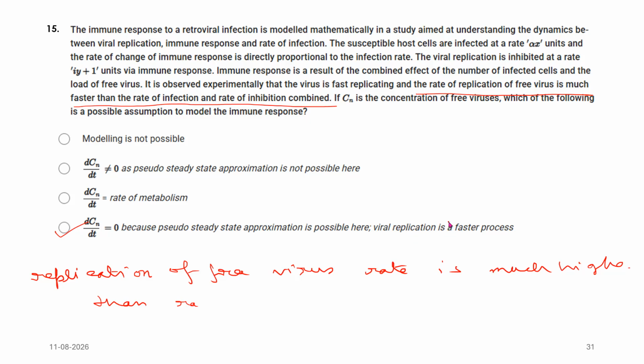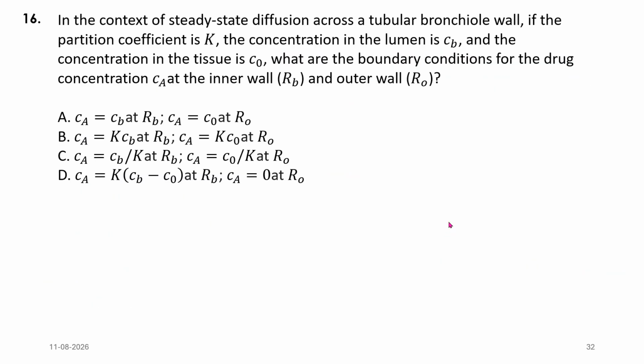Next, in the context of steady state diffusion across a tubular bronchial wall, if the partition coefficient is K, the concentration in the lumen is Cb and the concentration in the tissue is Co. What are the boundary conditions for the drug concentration Ca at the inner wall Rb and outer wall Ro?